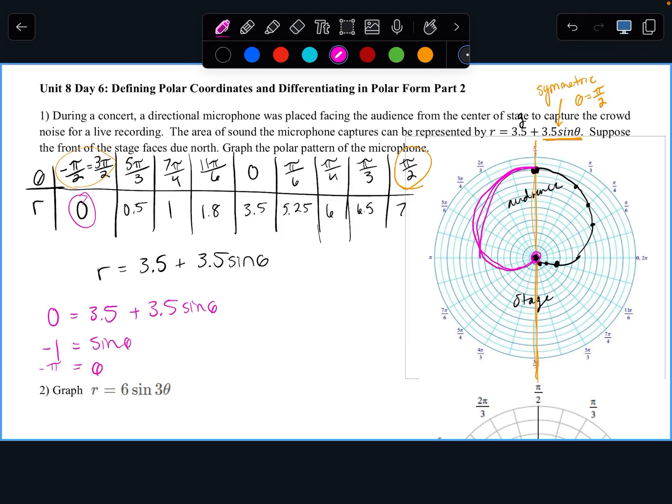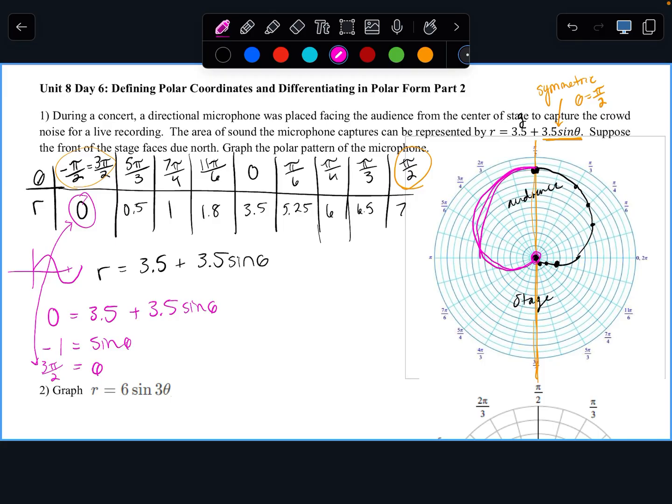When does sine equal -1? If sine equals -1, we look at the graph, that's going to be 3 pi over 2, which sure enough, is when our radius equals 0. So instead of making the table, you can figure out that's when my graph is going to come back to 0.